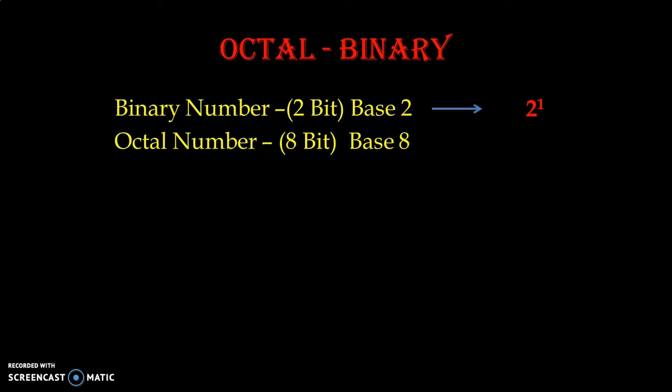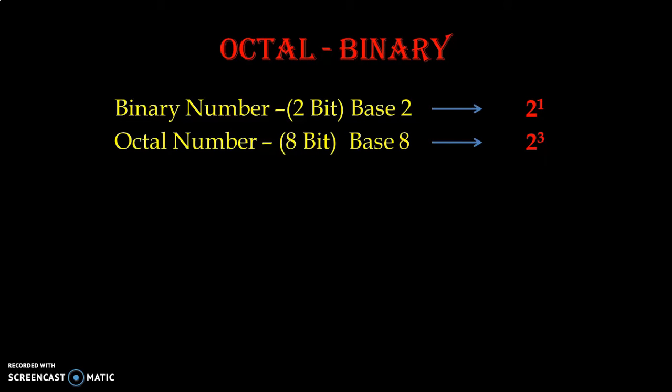Similarly, in octal we have 8 digits and the base for octal is 8. The base for octal can be written as 2 raised to power 3, that is 2 multiplied by 2 multiplied by 2: 2 times 2 is 4, 4 times 2 is 8. So the base can be written as 2 raised to 3.